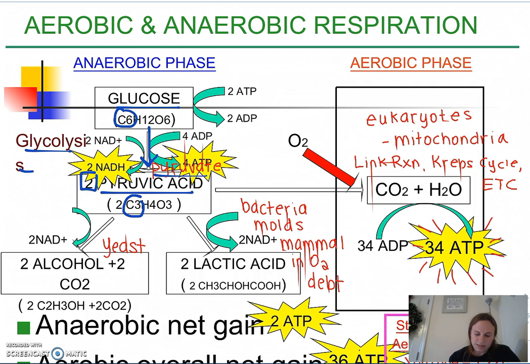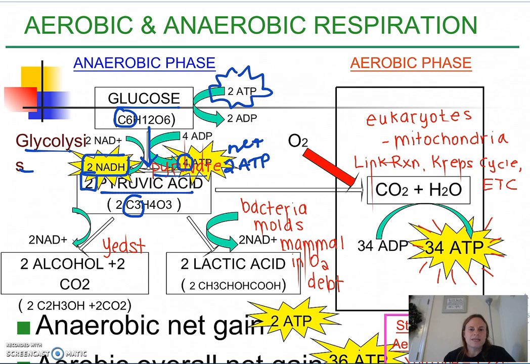From glycolysis, we also get 2 NADH, and we get a net yield of 2 ATPs. Because during glycolysis, even though we made 4 ATPs, we required 2 ATPs as activation energy. So our net yield is 2 ATPs.